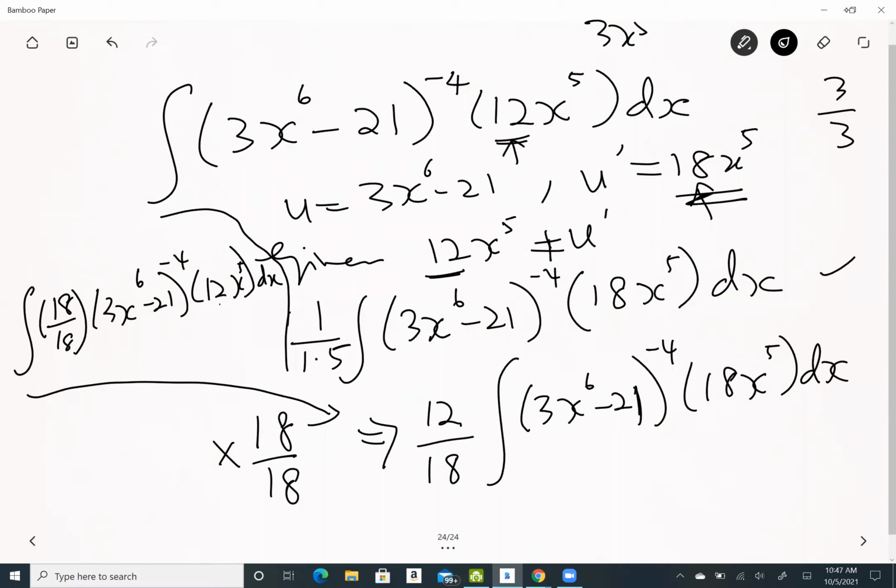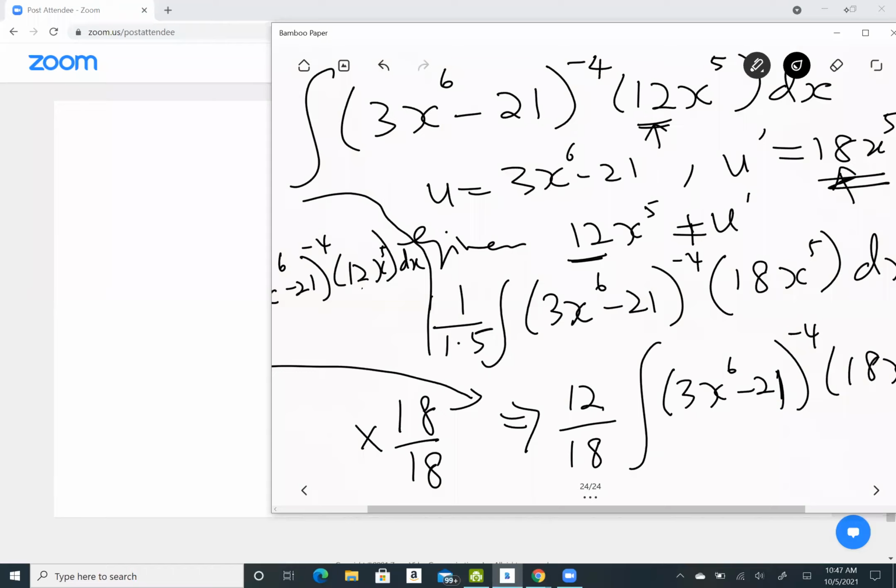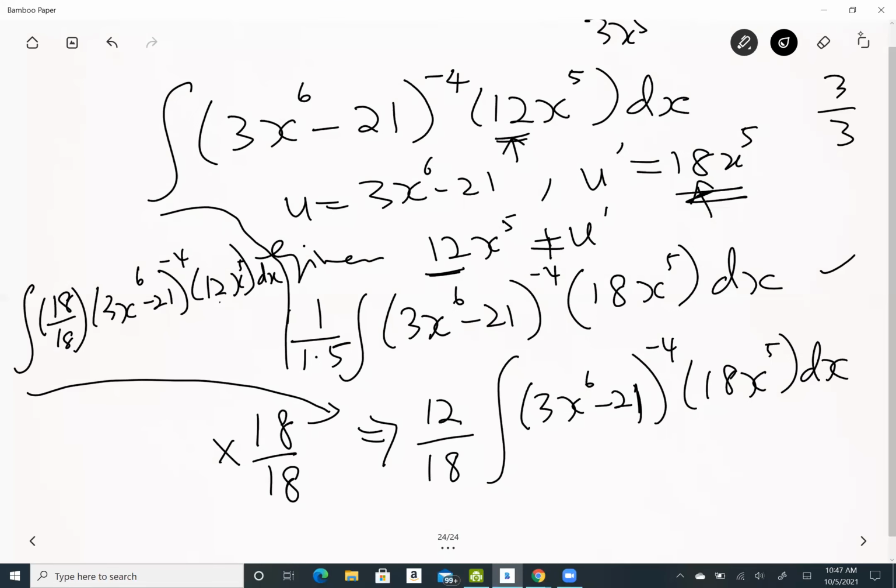Because if you do it by 1.5, you have to think about 12 multiplied by what to get 18. Now let's say here, instead of 12, I give you 5x to the power of 5, 5x^5 over 5.